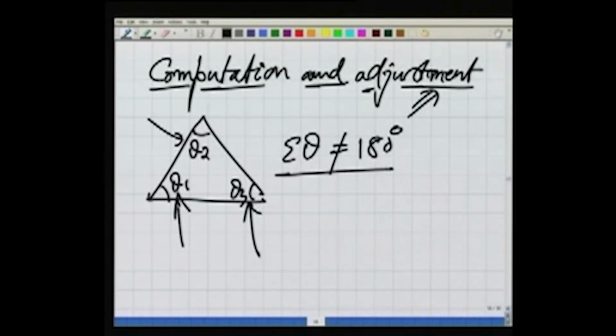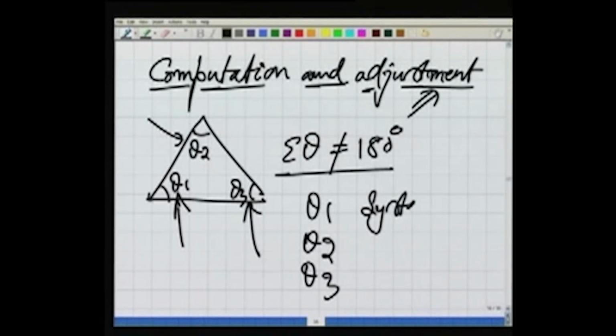If in our angles we have some systematic error, we know already about systematic error. If there is some systematic error in our angles, we will eliminate it by writing the physical model. So from theta 1, theta 2, theta 3, if the systematic error is there, we will first eliminate that.